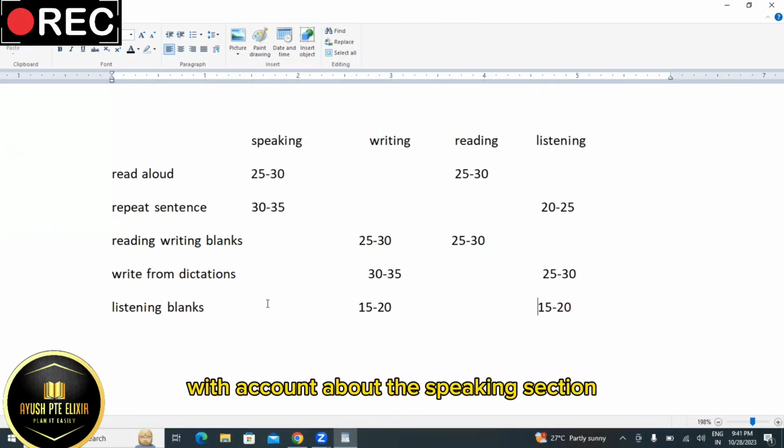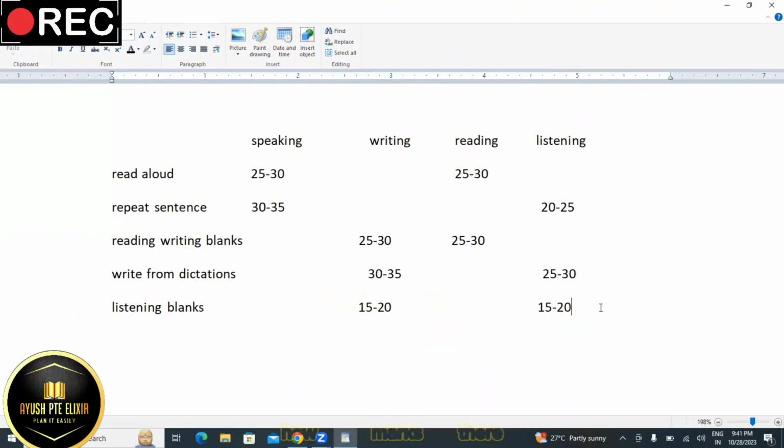So if I count the speaking section, how many marks are there? Count them. It's approximately 55 to 65. Just with the help of 2 tasks, you are getting 55 to 65 in speaking.